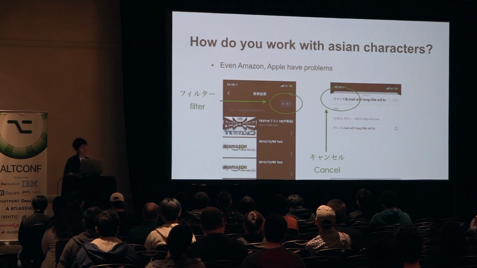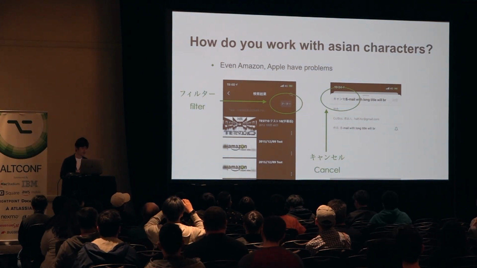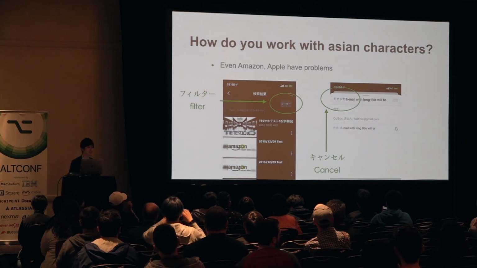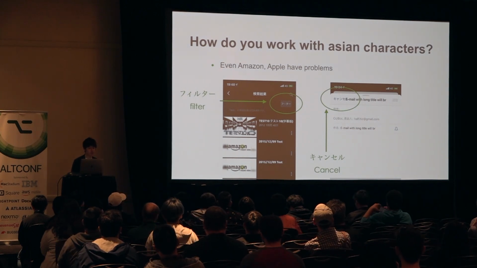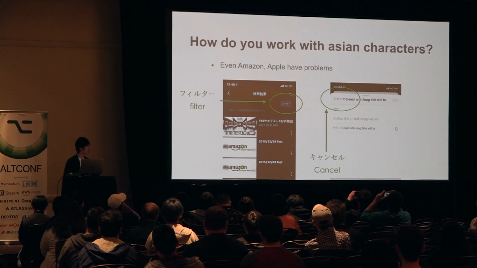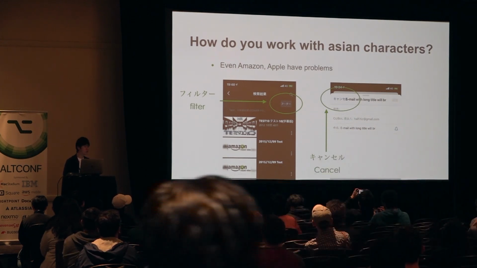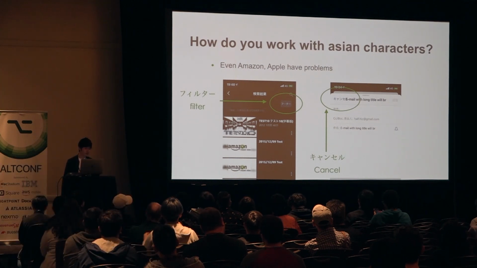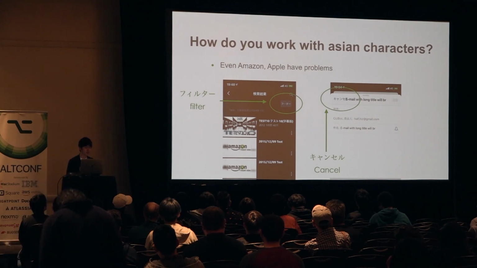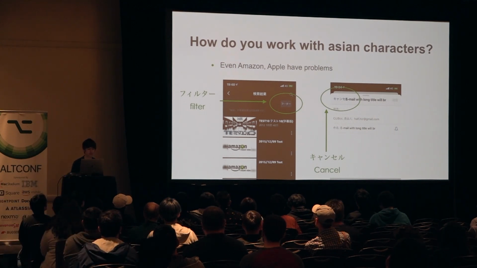I know even Amazon or Apple has some problems in localization. In this case, since Japanese has longer widths, characters are truncated or overlapped. Japanese "filter" has only 5 characters, but "filter" in English has 6 characters.